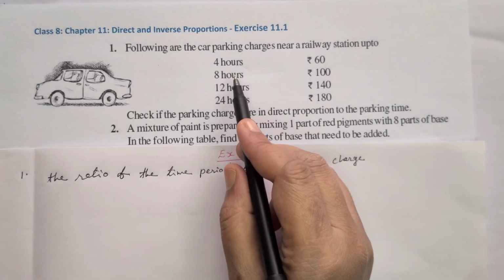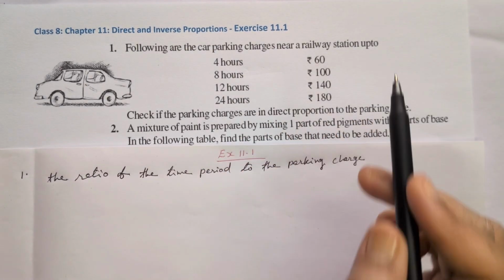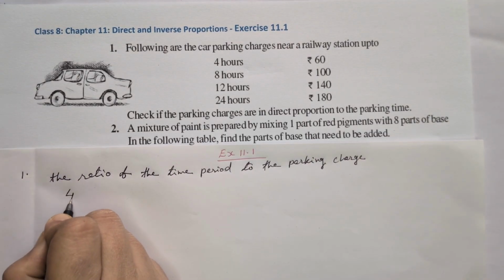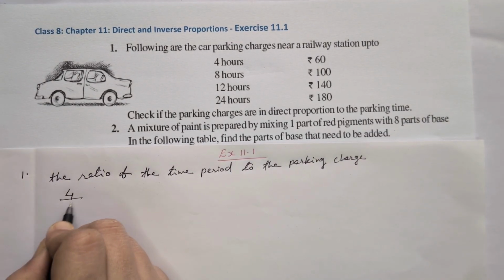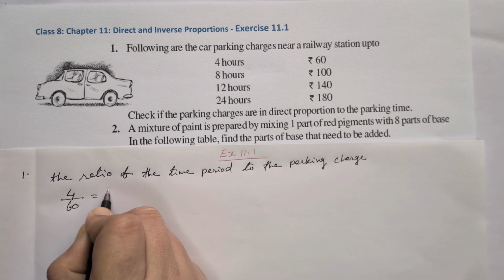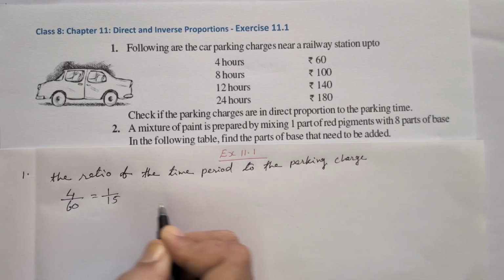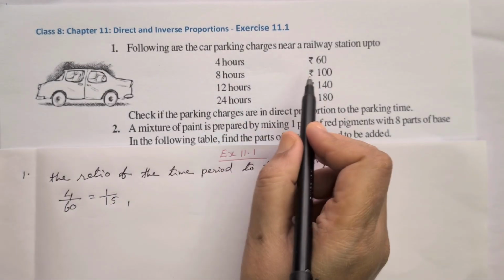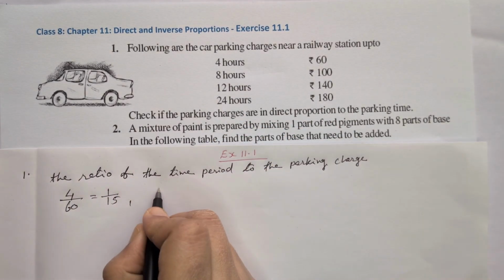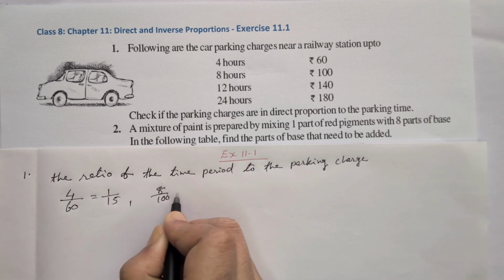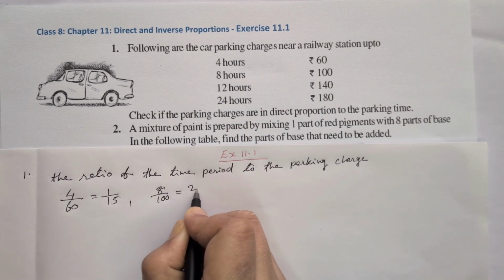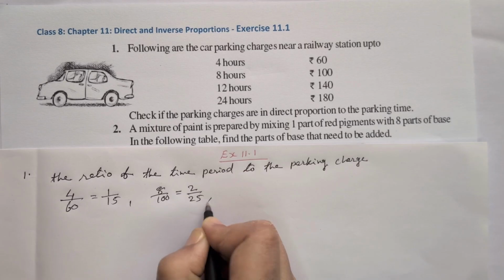So first, we take 4 hours, 60 rupees: 4 by 60. Simplifying that, we get 1 by 15. Next, 8 hours, 100 rupees: 8 by 100, simplify that, we get 2 by 25.